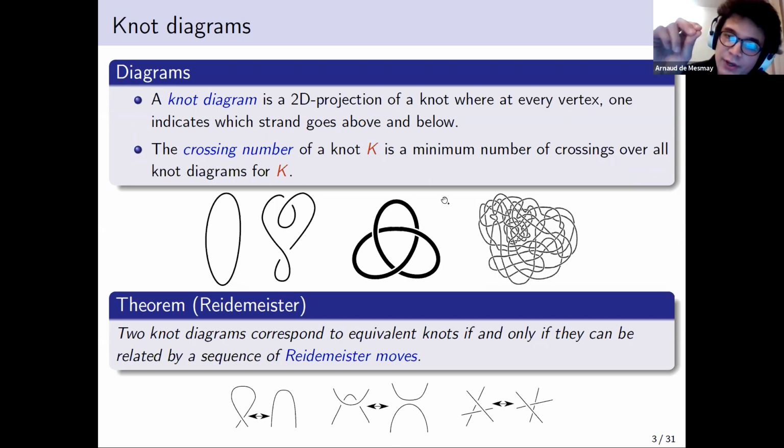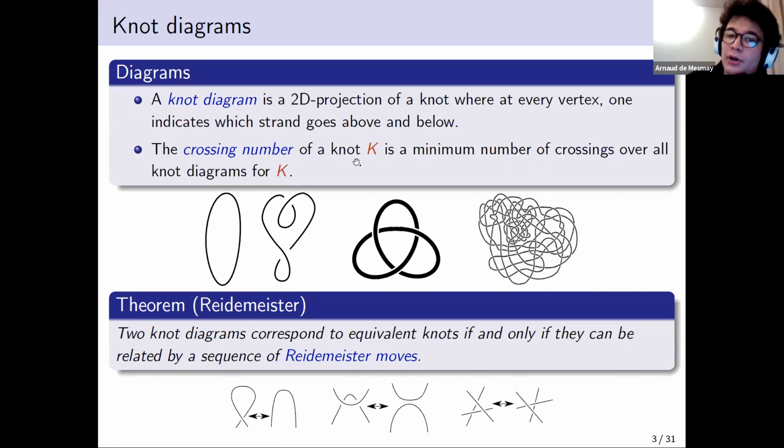And at each vertex, you write which of the strands is above and which is below. And here we have the same pictures, because obviously these were diagrams. That's how we represent naturally knots. And so basically giving a knot to a computer is the same as giving it a planar 4-valent graph with a few decorations at the vertices.